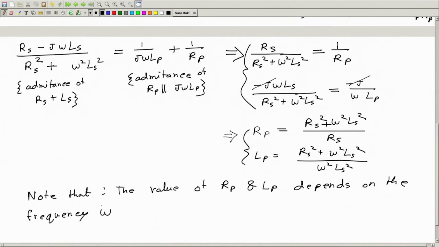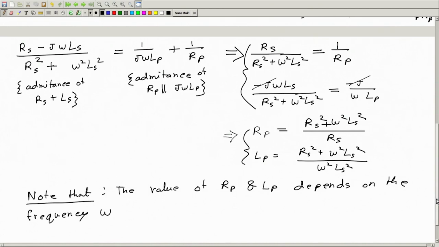So, this equivalence will be true for a particular frequency, whatever frequency you choose. It is not true for all frequencies. So, for say 50 hertz, if you get some value of Rp and Lp, for 100 hertz the value of Rp and Lp will be different.